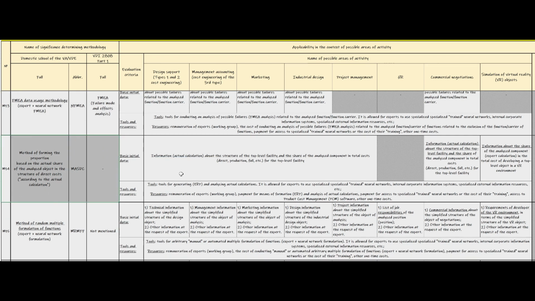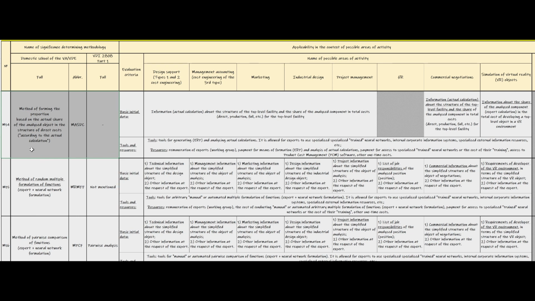M14. Method of forming the proportion based on the actual share of the analyzed object in the structure of direct costs, according to the actual calculation. The use of the methodology implies assigning importance to the carriers of functions in accordance with their share in the structure of direct costs of an analog of the previous generation, or in the direct cost structure of an analog from competing companies.